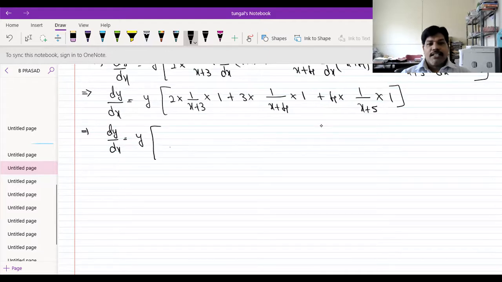So what is the LCM? We will take that here. So in the next step, y into 2 by x plus 3 plus 3 by x plus 4 plus 4 by x plus 5. So you will take that, what is the y value here?